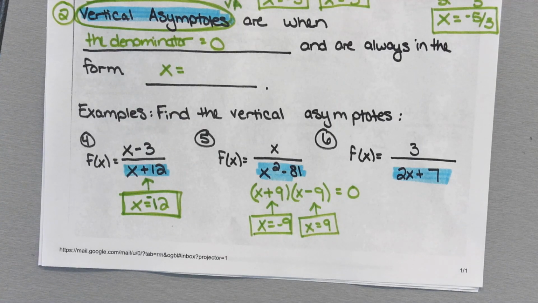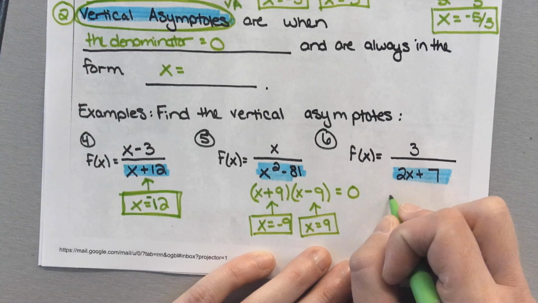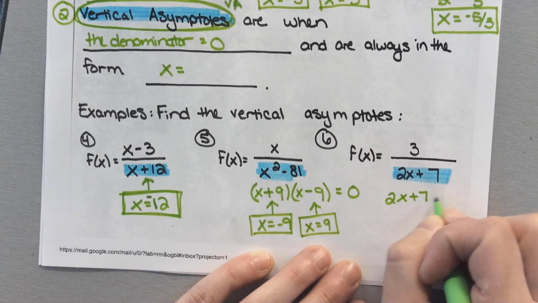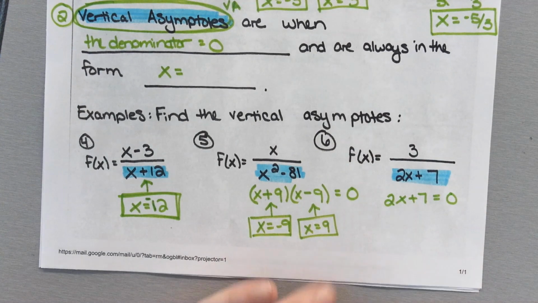All right, the last one. Can you eyeball it and just look and say, like, oh, this value would make it 0? No, you can't pick anything out. Like, -3 would get us close, but it's hard to figure out exact values. So we're going to take 2x plus 7. We're going to set it equal to 0. And we're going to figure out, well, what value truly makes that happen.